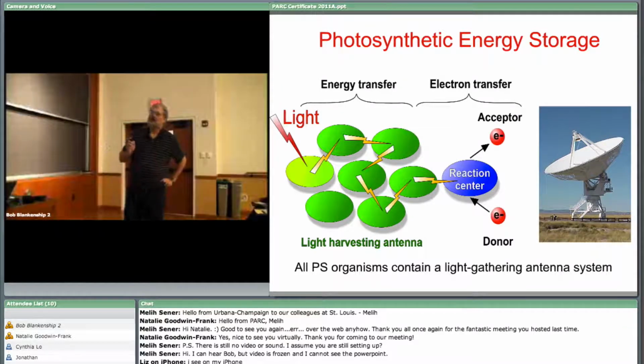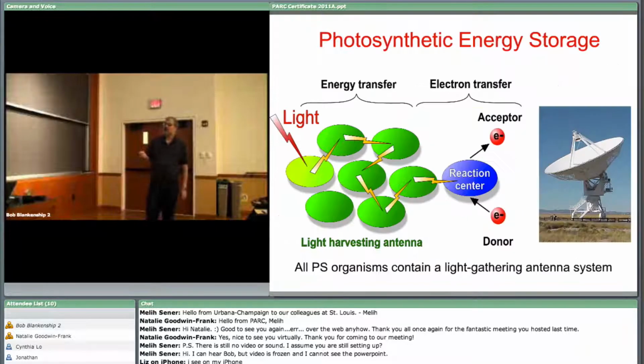That's what's called the primary process. Light absorption and energy transfer, we call this whole complex the antenna, and we'll see the actual molecular structures of this. The energy is used by the reaction center to drive electron transfer. You can think of it sort of like a big satellite dish, where the antenna represents the dish and collects the energy and focuses it.